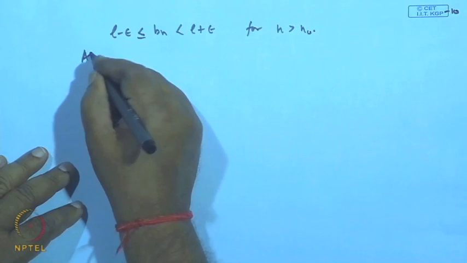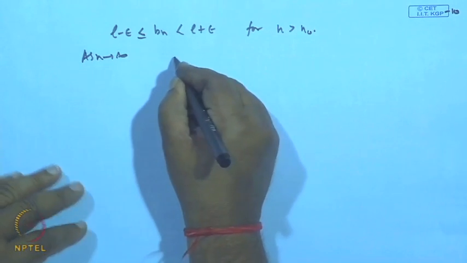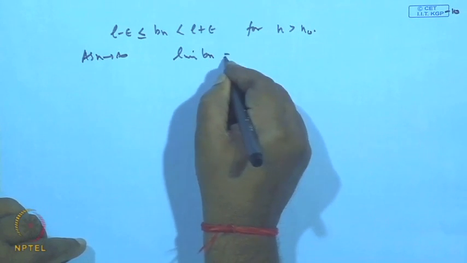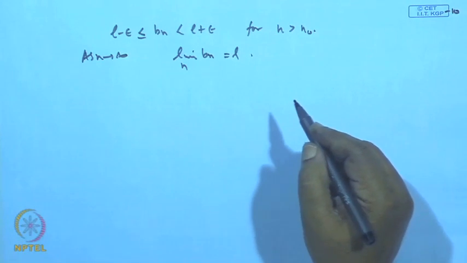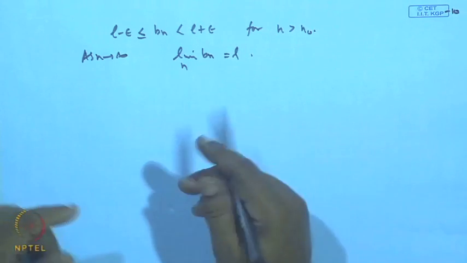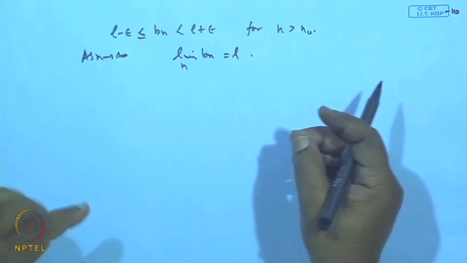Is it not clear? So, as n tends to infinity, the limit of b n will go to L. Now, this is used to find the limit of complicated expressions.